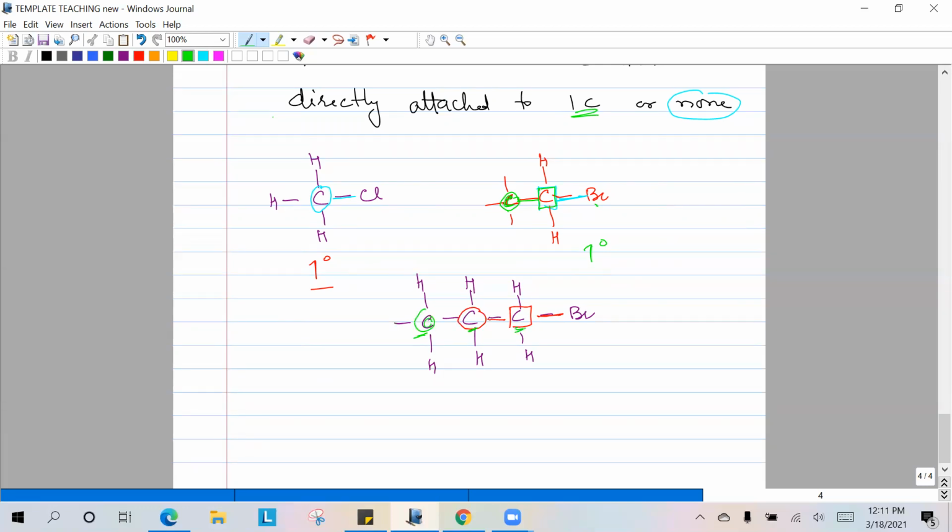This green one is not attached to the red one. So we are looking at this first carbon, and it is attached only to one carbon atom. So all these are examples of primary haloalkanes. Now moving on to the secondary haloalkane.